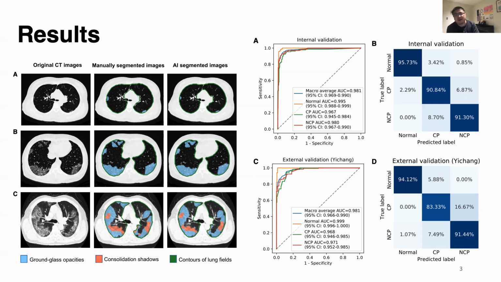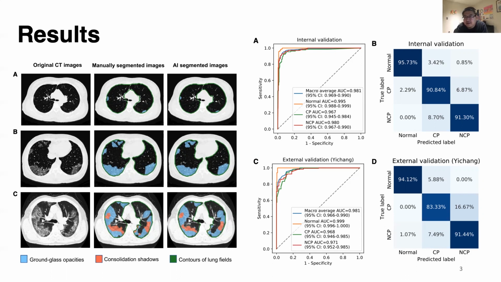The severity levels are defined in the following way. So mild is defined as less than 3 GGO, which stands for ground glass opacities, lesions of size less than 3 centimeters.